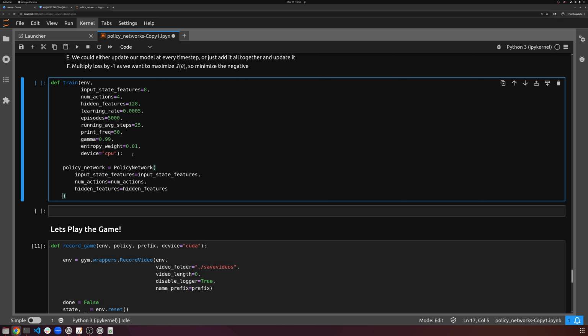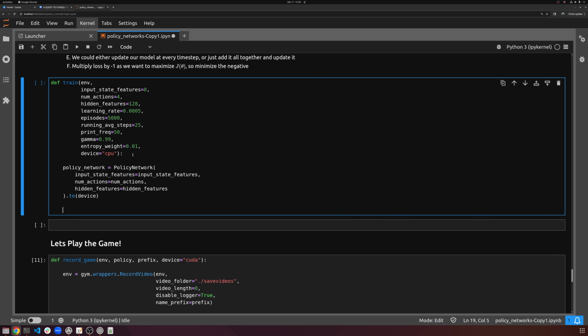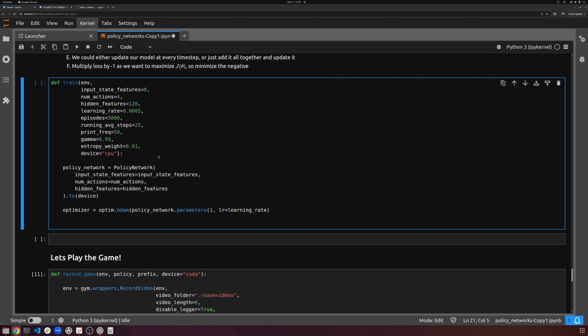And we'll just make sure this is on the correct device. Good. We need an optimizer. We'll just use Adam to keep it simple. Adam, policy network dot parameters. Learning rate is going to be whatever learning rate we set.